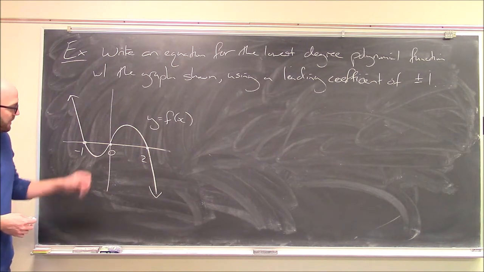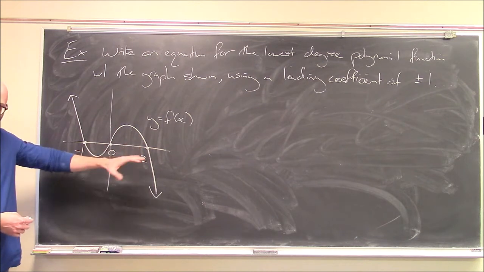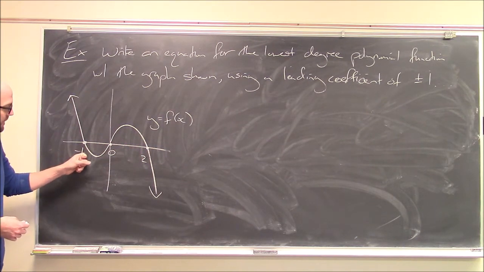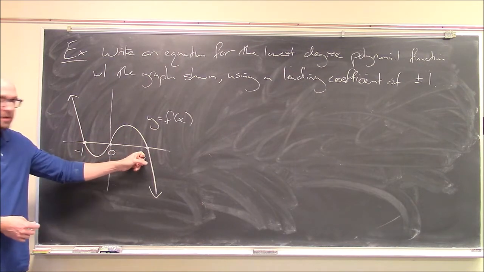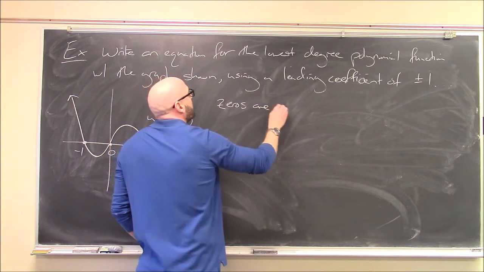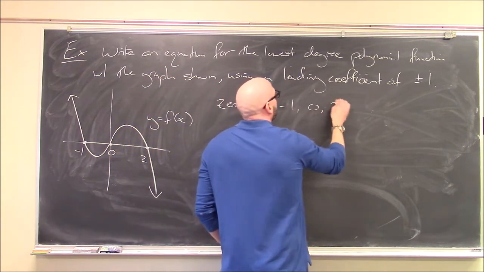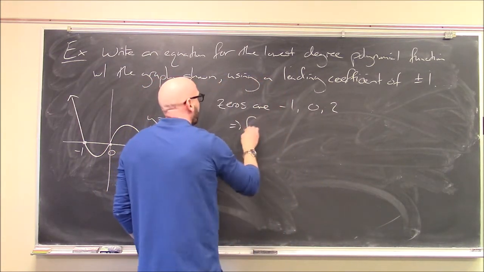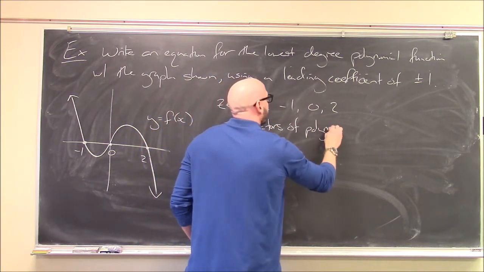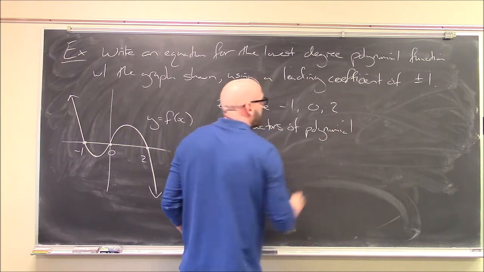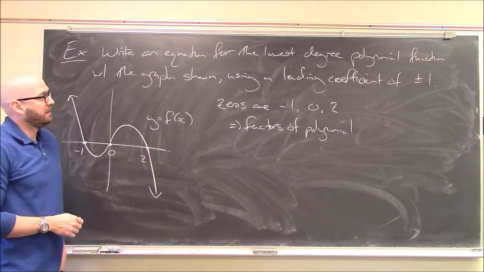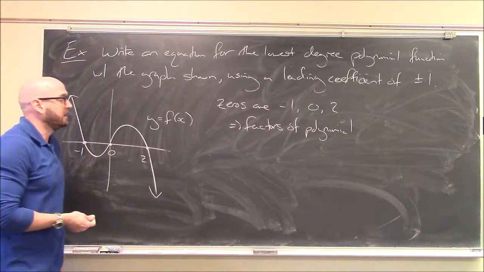So let's see, let's read off some information first. Let's go with the zeros, because that's the most direct bit of information here. We've got zeros at -1, 0, and 2. So that tells me something about linear factors of the polynomial, right? It tells me that it includes at least these linear factors.